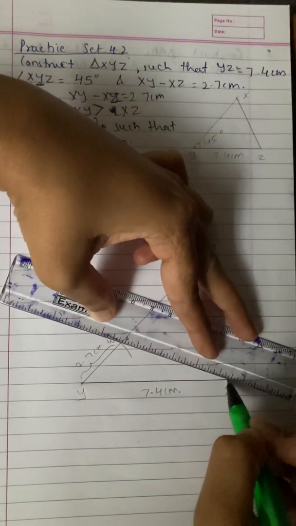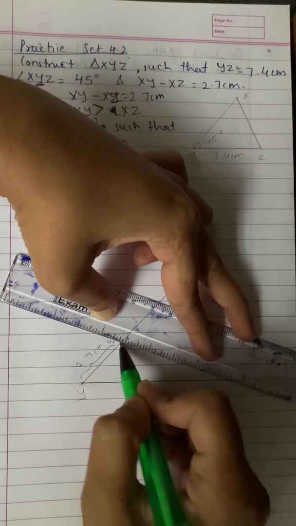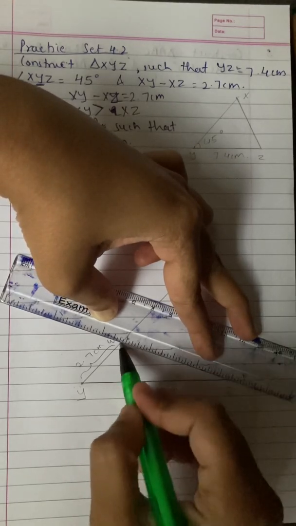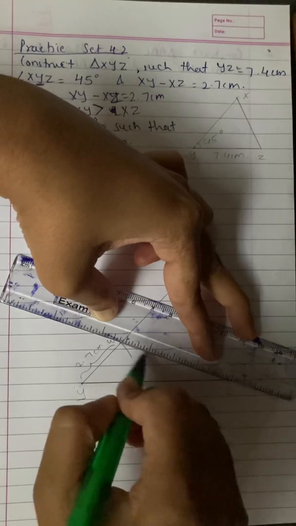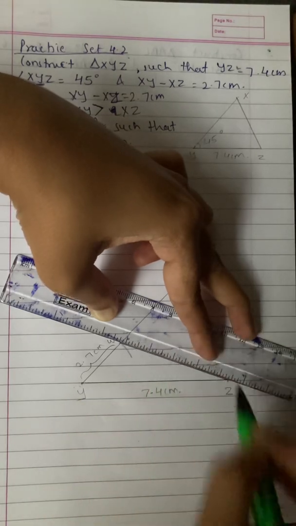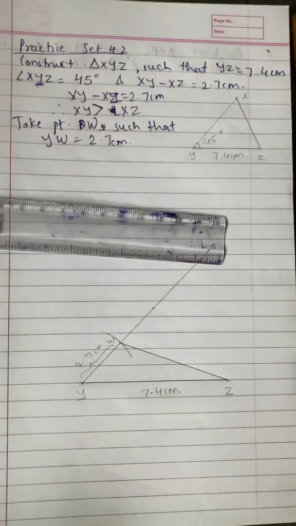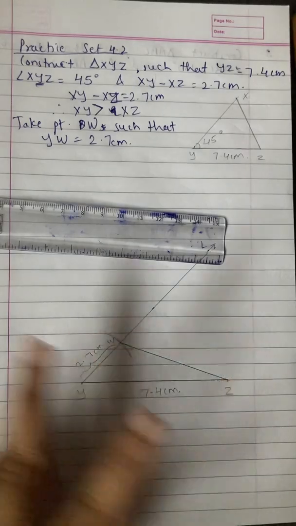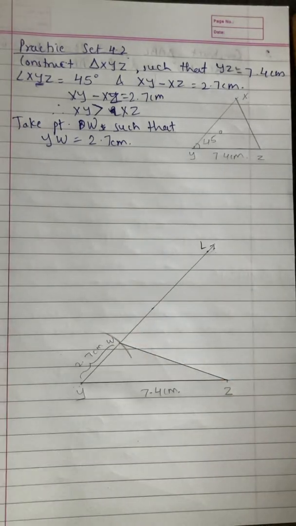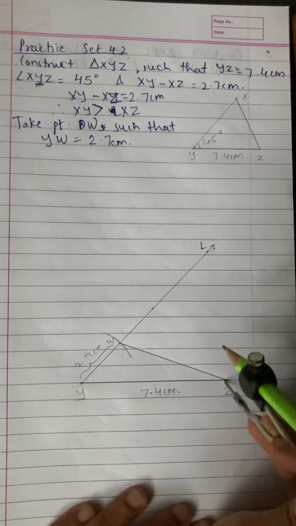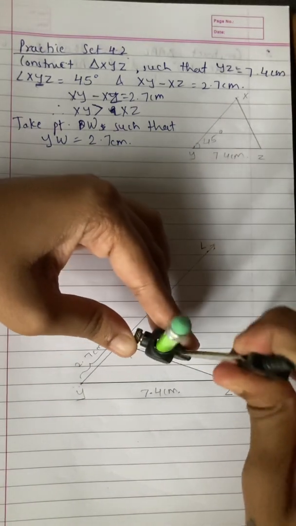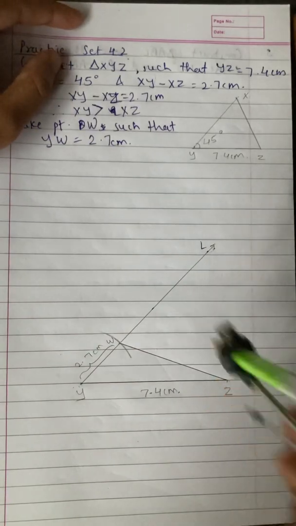Join point W and Z. After joining point W and Z, now you have to draw the perpendicular bisector of segment WZ. Okay. Keep the metal point at point Z.